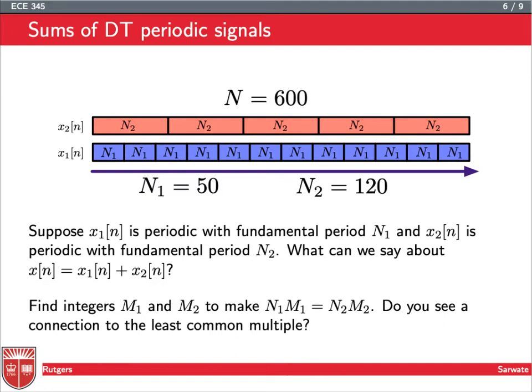For example, if n1 is 50 and n2 is 120, then when n is 600, the boxes finally line up with each other. Otherwise, there's always a slight mismatch, until exactly at time 600 they come together. Looking at this, you can see a connection to the least common multiple of two integers.